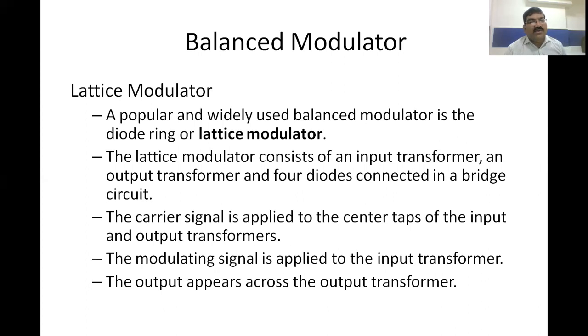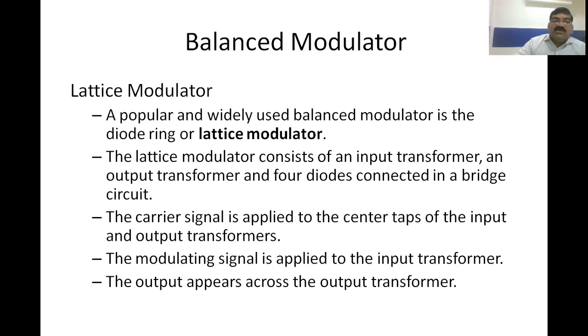It looks like a full wave bridge rectifier, but it is not. It is different from that. The carrier signal is applied to the center tap of the input and output transformer, and the modulating signal is applied to the input transformer.